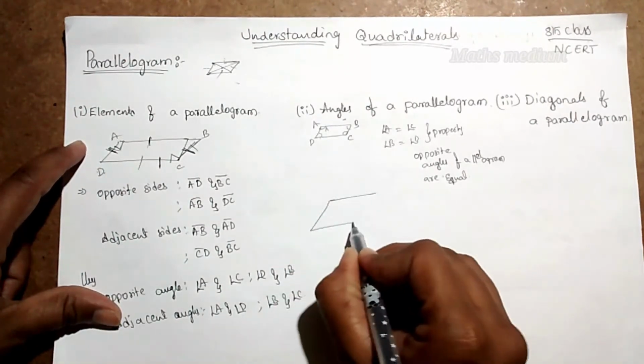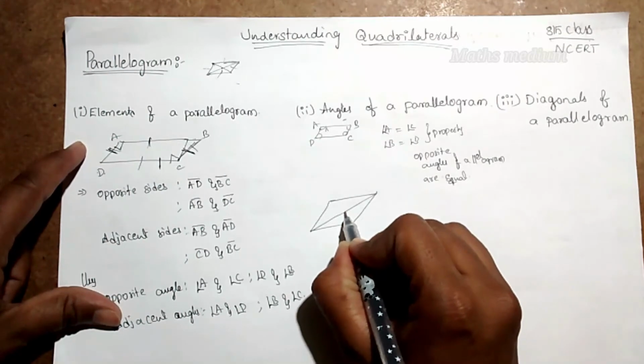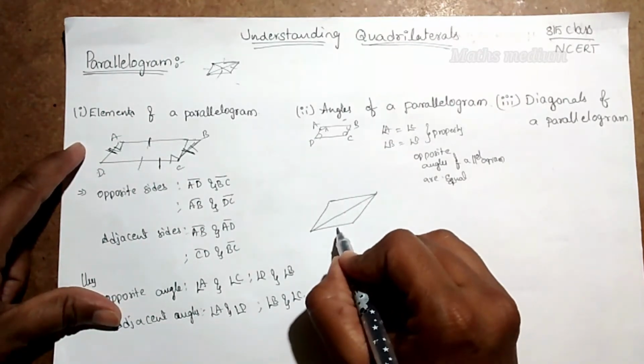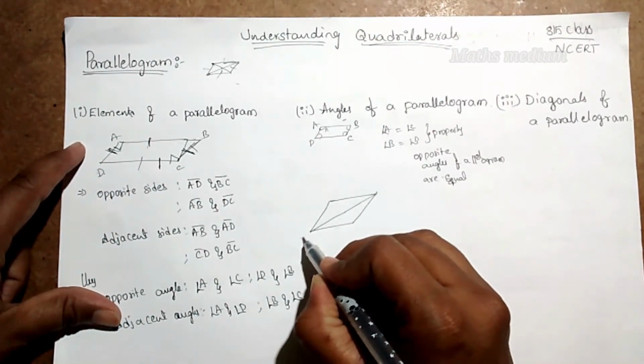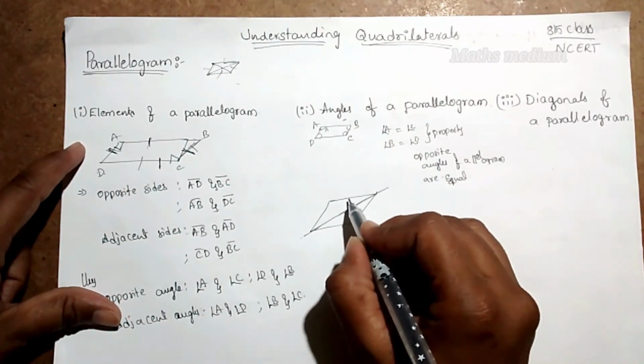Take another parallelogram and make a transversal here. A transversal is nothing but a line passing through a pair of parallel lines.